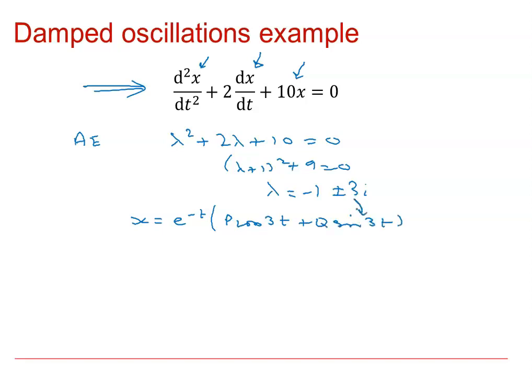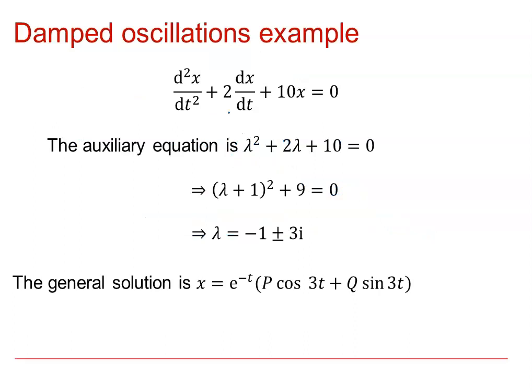So the imaginary part 3, we can see there, and the minus 1 is there in that index, x equals e to the minus 1t. So that's our general solution for this damped oscillating equation.